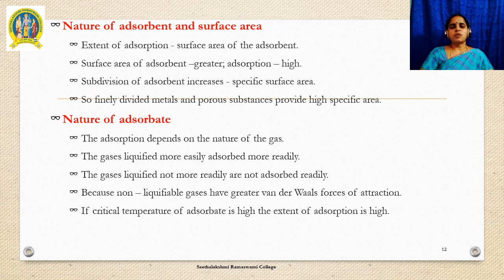The subdivision of adsorbent, that is powdering of adsorbent, increases the specific surface area and hence the magnitude of adsorption also increases. This is the reason why finely divided metals and porous substances like zeolite provide high specific area.